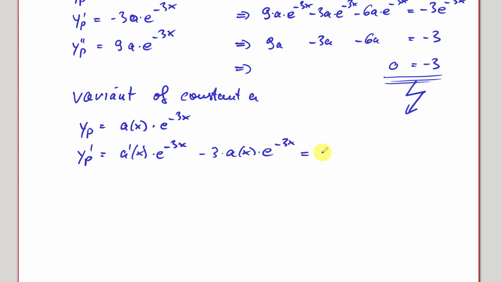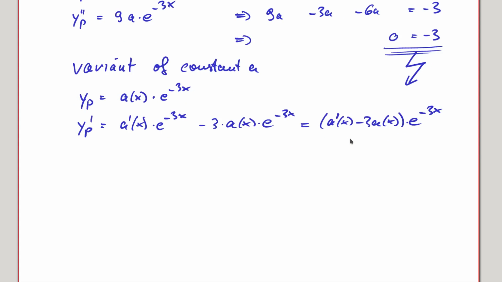And this can be simplified to a prime of x minus 3a of x times e to the power of minus 3x.